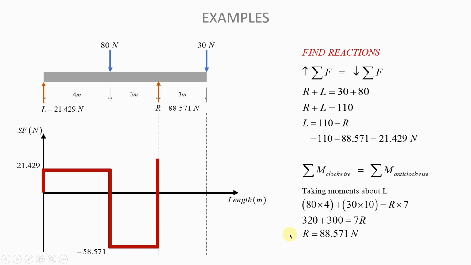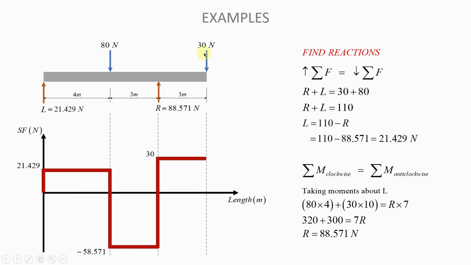Minus 58.571 plus 88.571 gives you 30. And once you are at 30, you are here. Between this location and the end of the beam again, there are no forces, so you remain at 30.